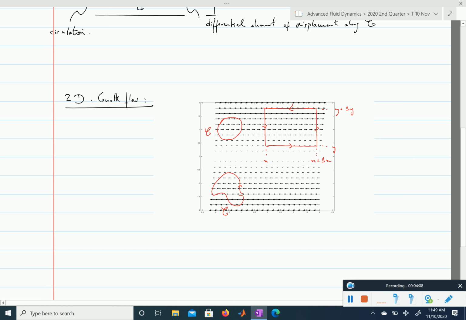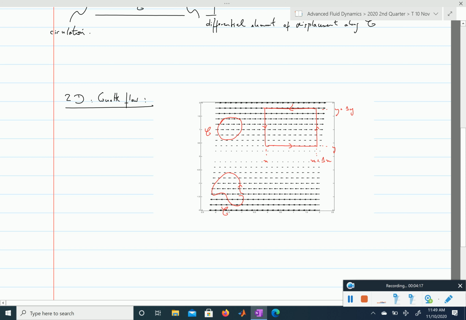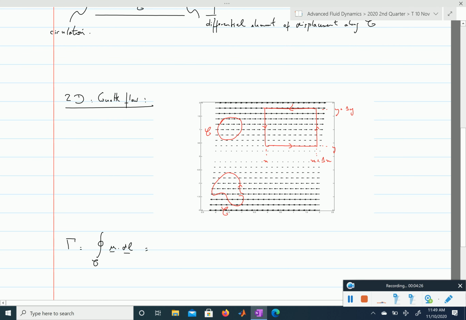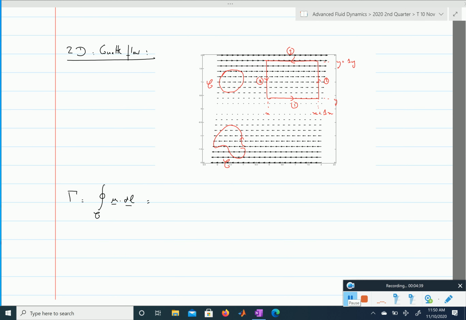We're going to integrate and compute the circulation on this contour. This rectangle has four bits, and we need to integrate along those four pieces of our contour. So we can split this integral into four pieces.